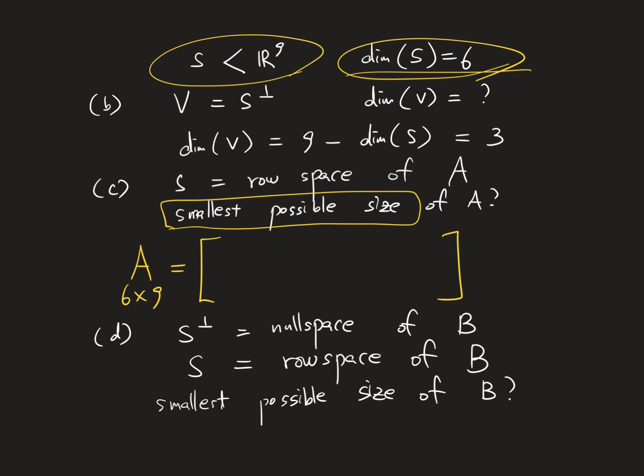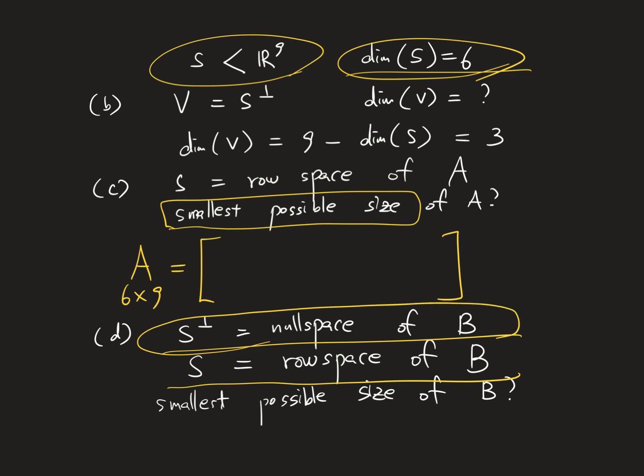S perp is the null space of B, and we know that S is a row space of B, and it's the same question. This question is the same as this one, and S is the row space of B, and in this case, the smallest possible size of B is 6 by 9.